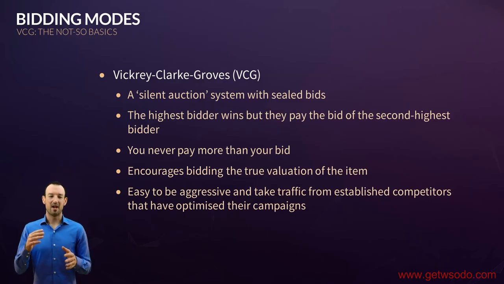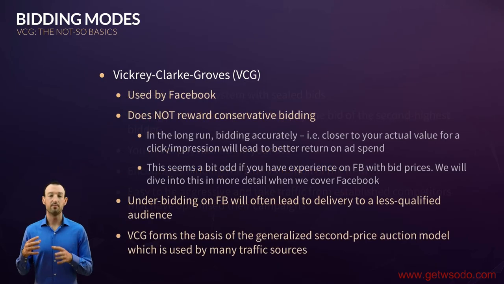Because of this, it's easy to bid very aggressively and take traffic from established competitors who have optimized their campaigns, because all you need to do is bid higher than everyone else to win impressions. The most well-known traffic source that uses VCG is Facebook. One thing I should also mention about VCG is that it does not reward conservative bidding.